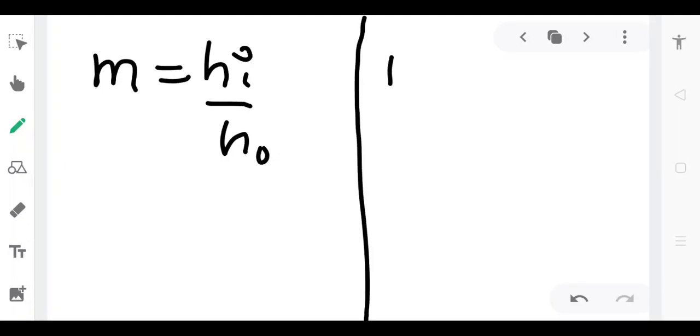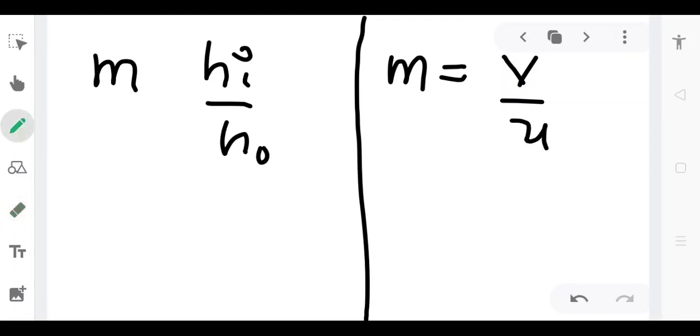That's why I am writing separately M equals V by U. Here, since a student has asked why the negative sign is not for the HI by HO quantity, I'm going to take the negative sign for the HI by HO quantity, and I'm going to prove that this is wrong.